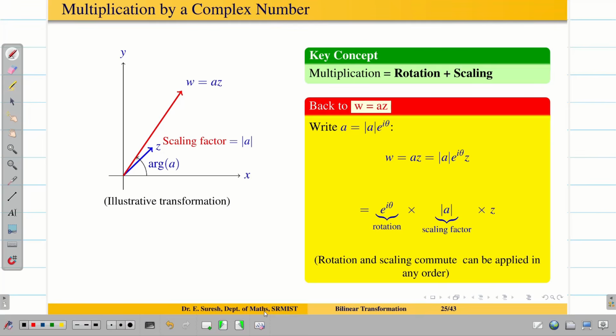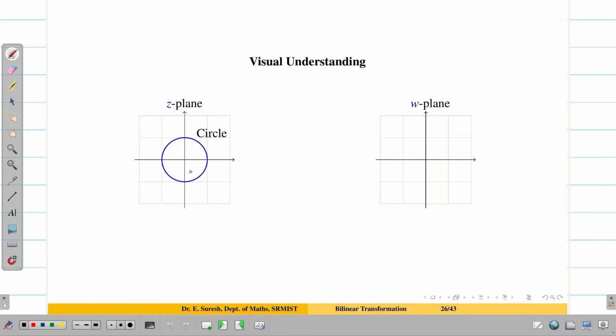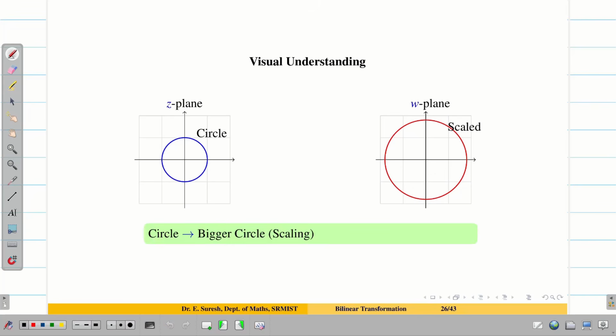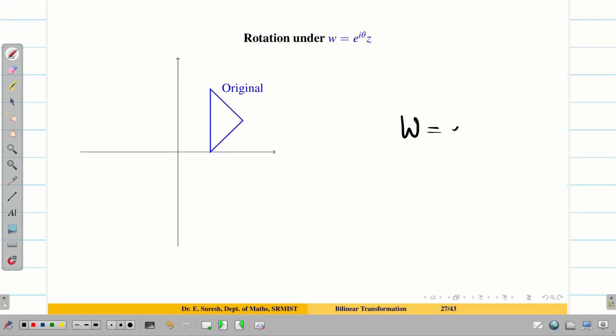Precisely, let us have a visual understanding. In the Z plane, there is a circle with radius lambda. Suppose in the W plane, there is a circle with radius phi lambda. It is the scaled circle, which is bigger than the circle in the Z plane. And suppose we have W = e power i theta into Z; now let us take a triangle.